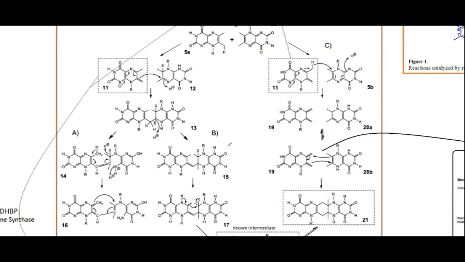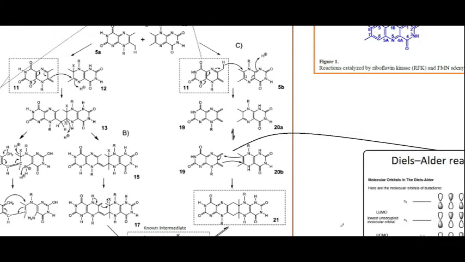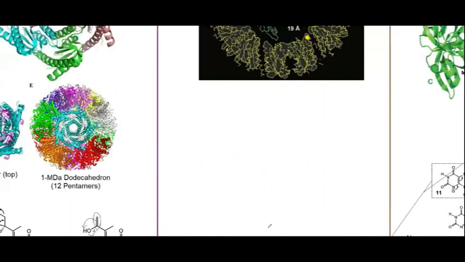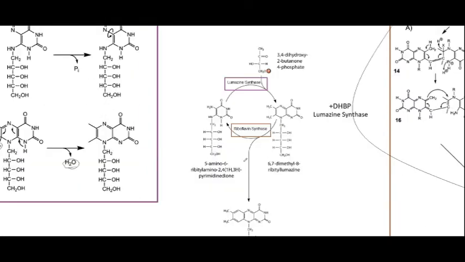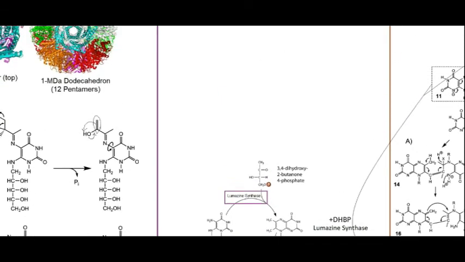And so one of the proposed mechanisms is this one here at B. So we start out with these 2 ring structures here, which, as I said, is because of this cycle going on here. So this single ring structure here through the lumazine synthase has this added on, so that we have the double ring structure here.